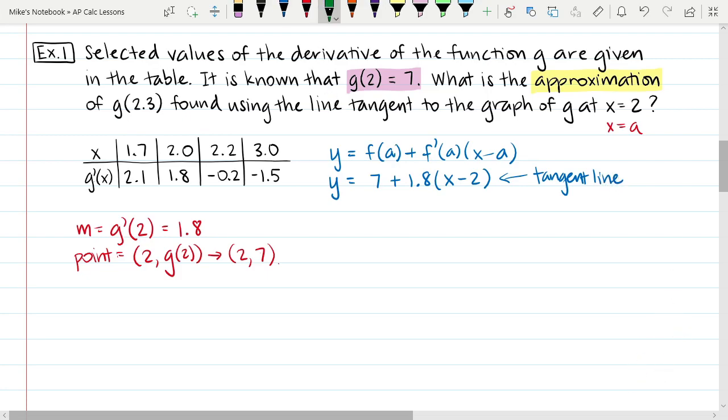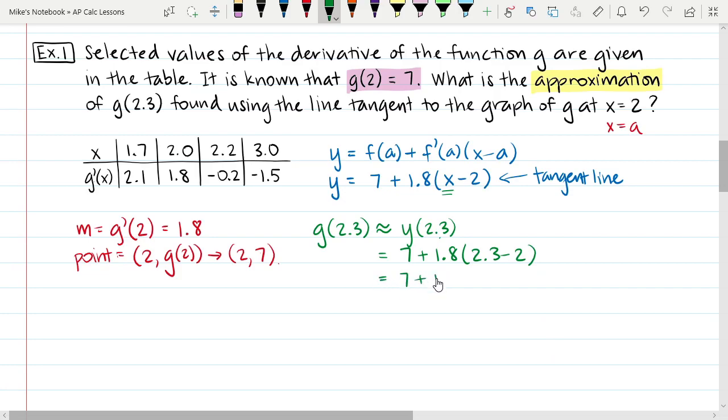Okay, and so now, if I'm trying to approximate g of 2.3, so that's going to be approximately equal to y of 2.3, meaning I can approximate g of 2.3 by substituting 2.3 in for x in this tangent line equation. So that now becomes 7 plus 1.8 times 2.3 minus 2.